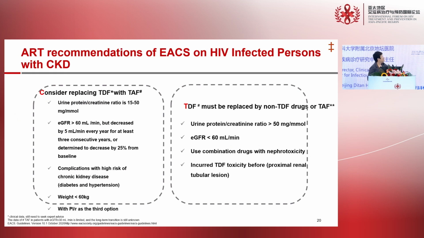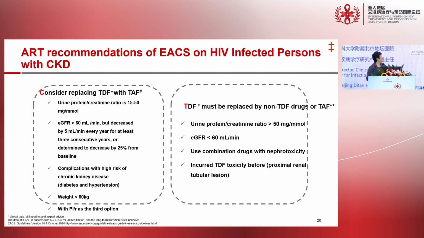And this is the recommendation. If the albumin creatinine ratio is not good, for example between 15 and 50, you need to consider replacing TDF with TAF. You should avoid TDF in those cases, because TDF should not be combined with PI, as PI will increase the concentration of TDF.